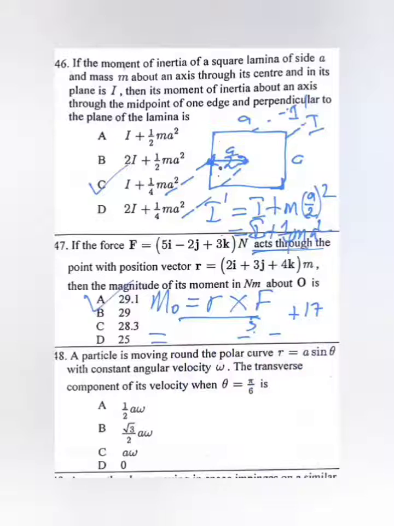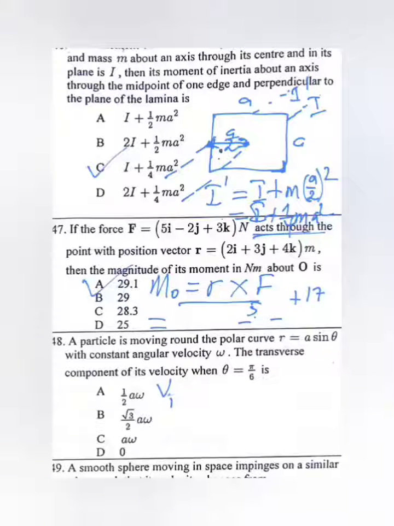In number 48, we have a particle moving round the polar curve r equals a sine theta with constant angular velocity omega. The transverse component of its velocity when theta equals pi over 6 is, and we have these options. So actually the formula for the transverse component of the velocity, which is found in the formula booklet, is r theta dot, where theta dot is the angular speed, and it has been given as omega.